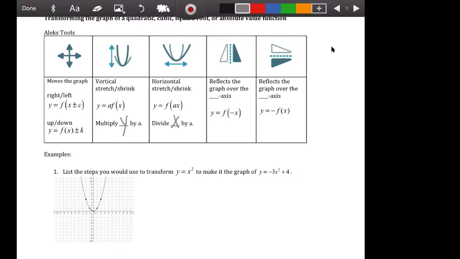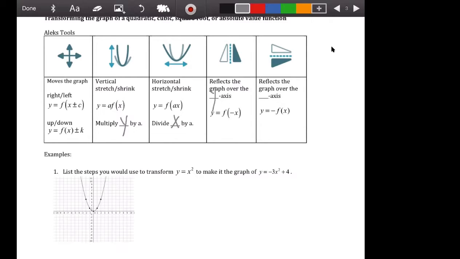Now, when the negative is inside the grouping symbols, whether it's the square root or the absolute value or parentheses or whatever it is, it changes the sign of x. And when you change the sign of x, you reflect over this guy right here, which is the y-axis.